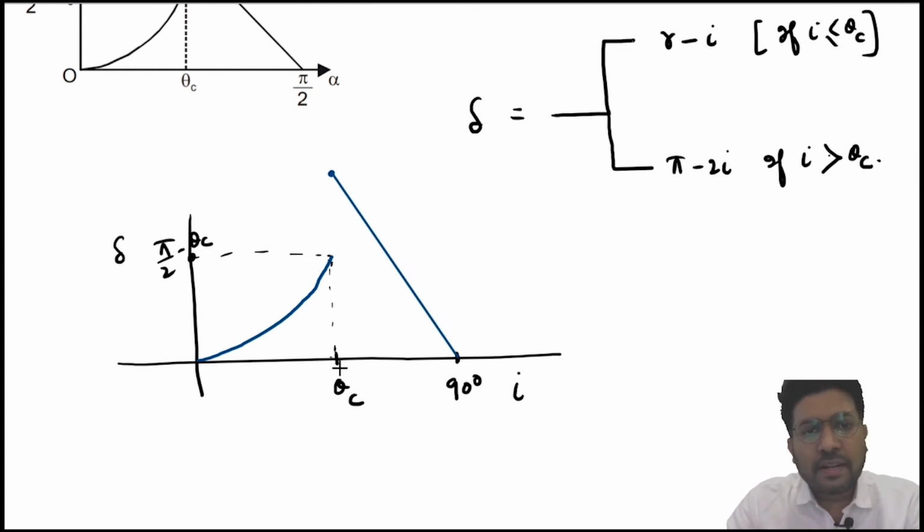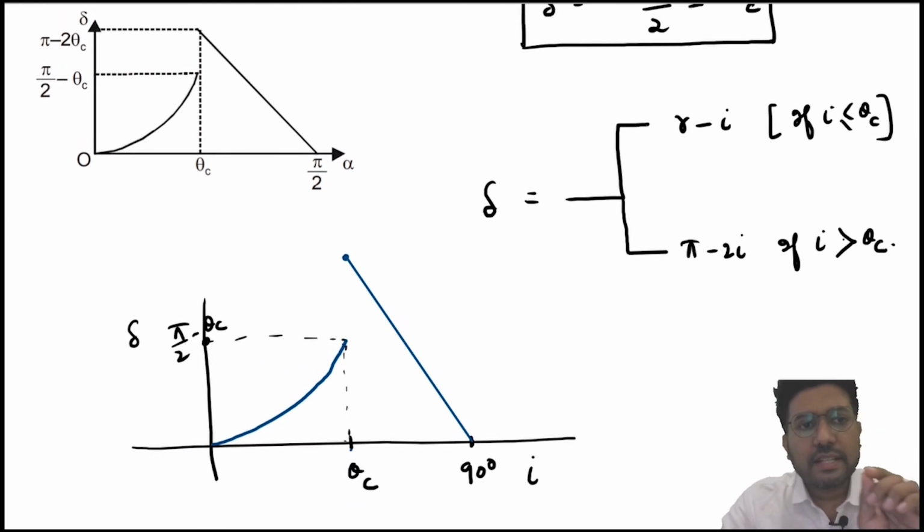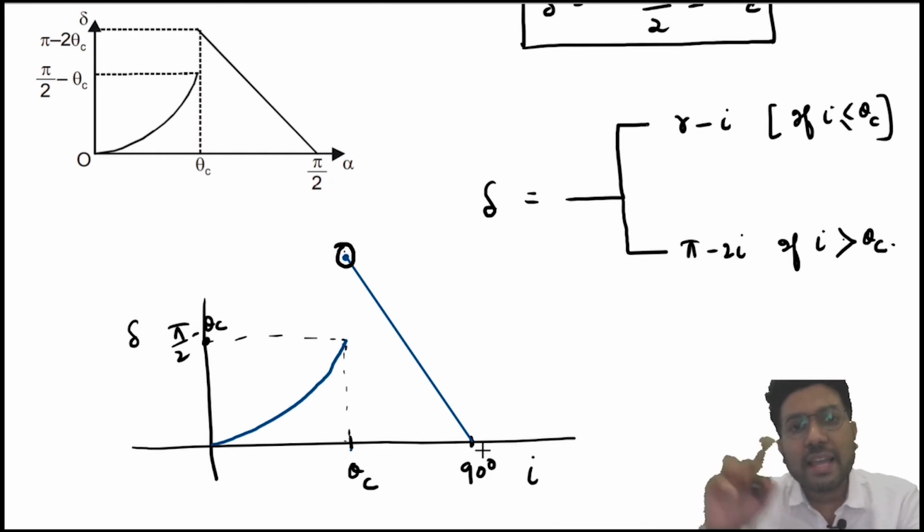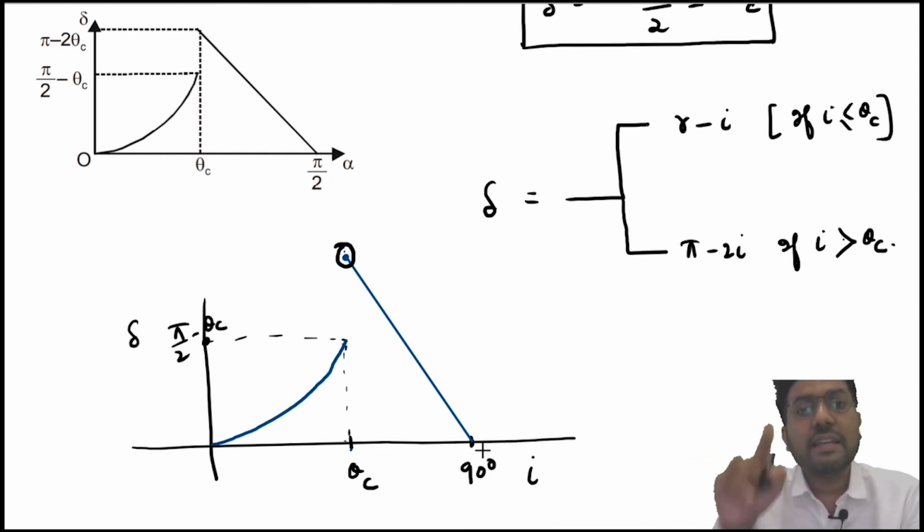So at one particular theta c there are two values of angle of deviation, but there can only be one value. Now listen carefully, at I equal to theta c there is still refraction. Reflection has not started yet. So what I will do is draw a circle here, because this line will start from I greater than theta c and not I equal to theta c.